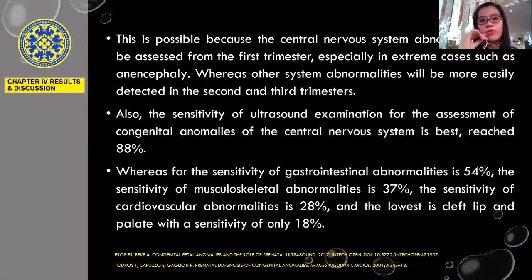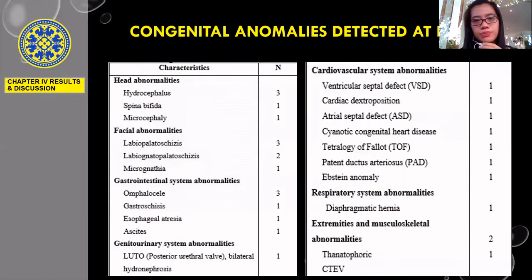Whereas the sensitivity for GI tract abnormality is 54%, musculoskeletal abnormality 37%, cardiovascular 28%, and cleft lip and palate 18%.